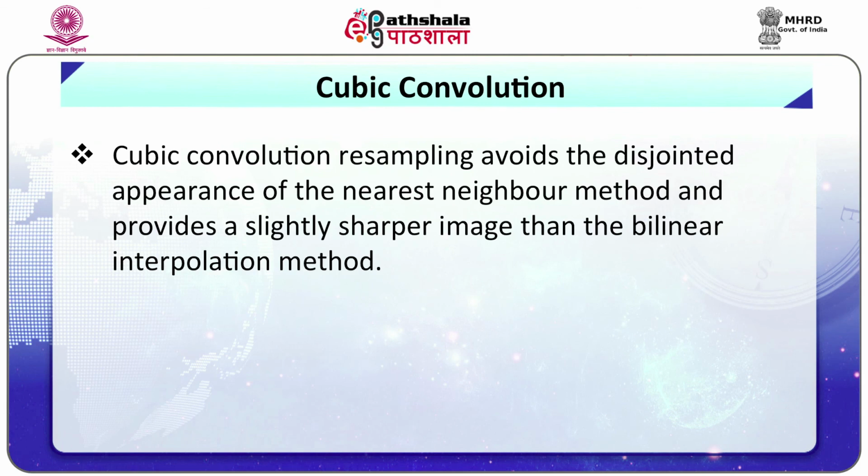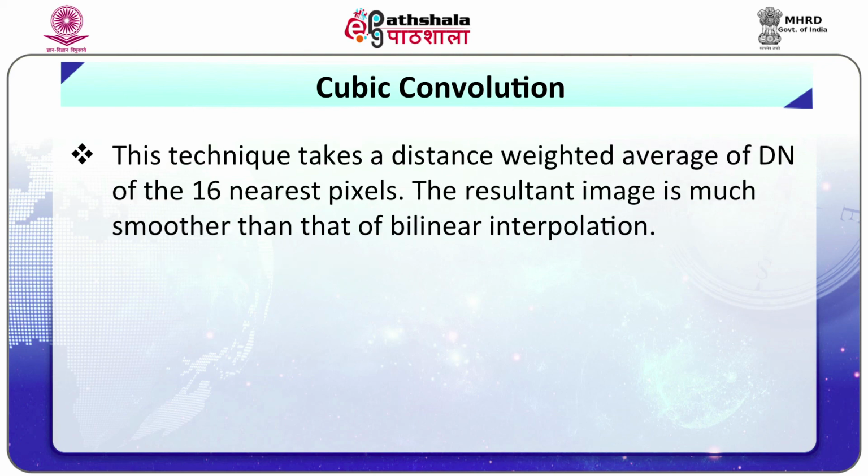Cubic convolution resampling avoids the disjointed appearance of the nearest neighbor method and provides a slightly sharper image than the bilinear interpolation method. This technique takes a distance weighted average of the DNs of the 16 nearest pixels.